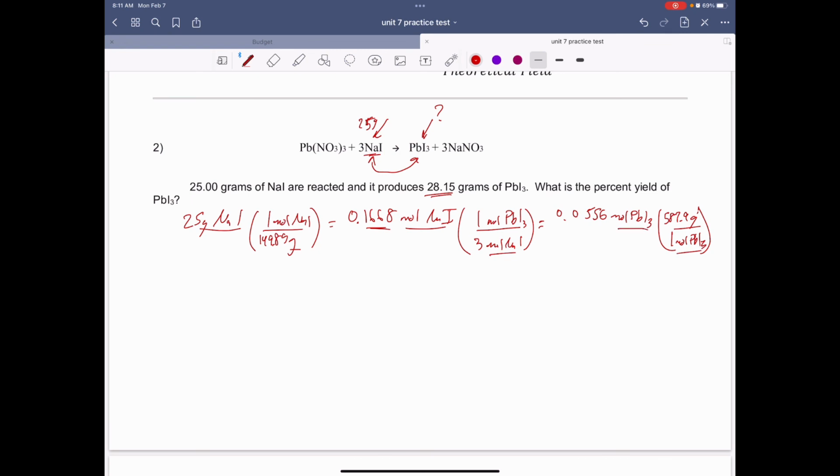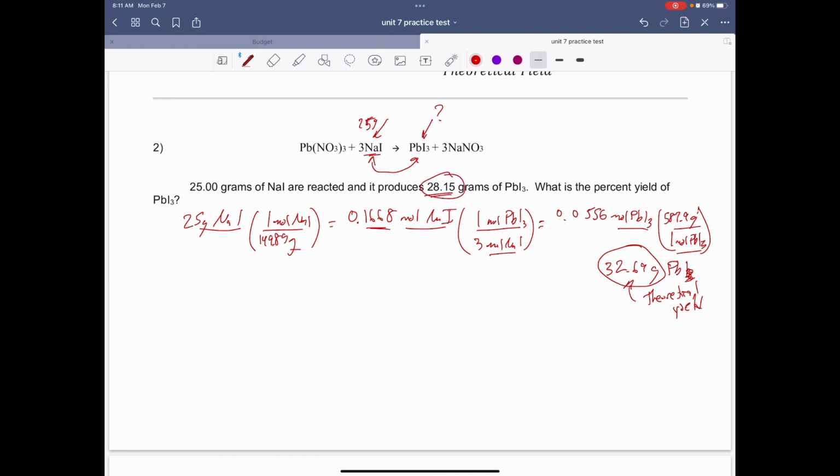Again, we know that the units have to cancel. So times 0.0556, 32.69. So you should produce 32.69 grams of this stuff. Right? This would be your theoretical yield. Your actual yield was the 28.15.